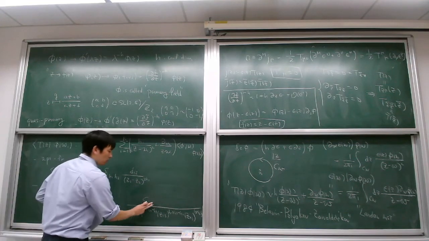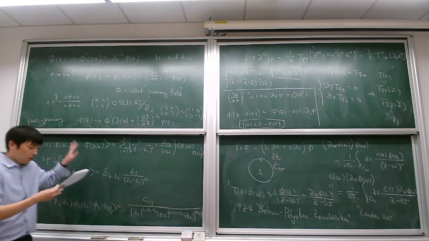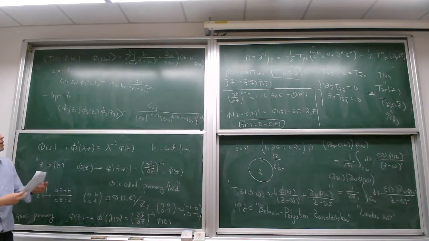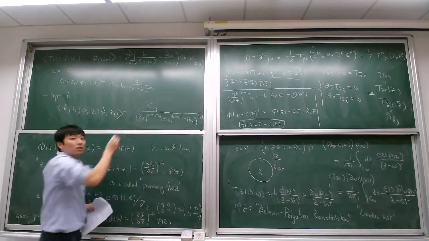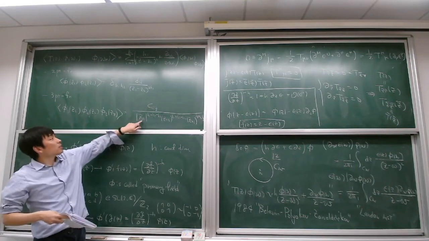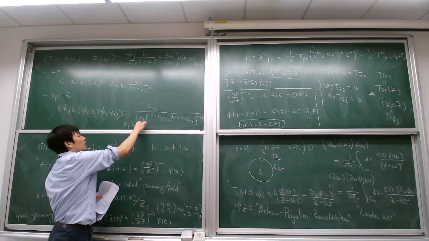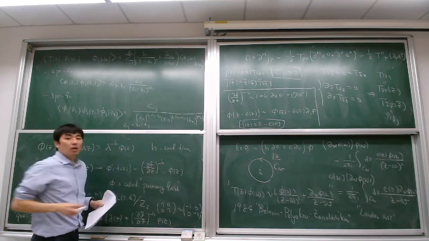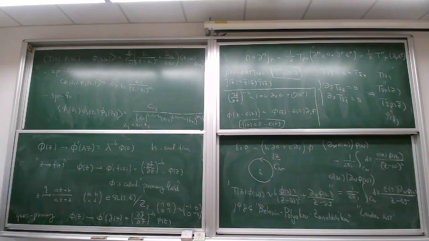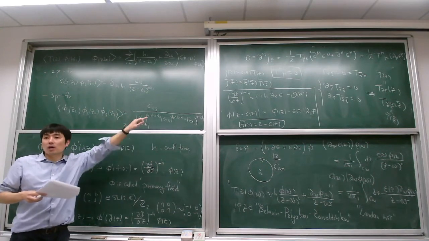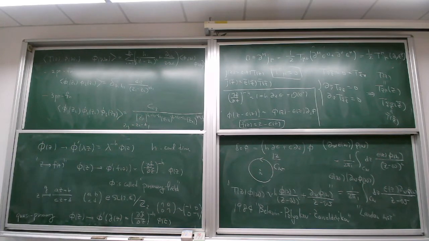These C and D are some constants, and Zij is Zi minus Zj, of course. Up to a constant, one can determine the 2-point function and 3-point function by using conformal symmetry.